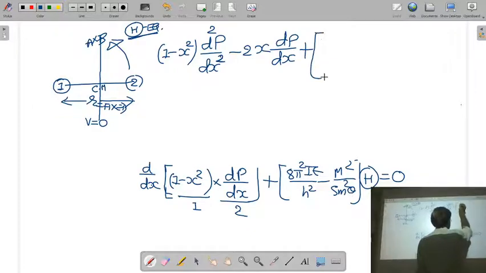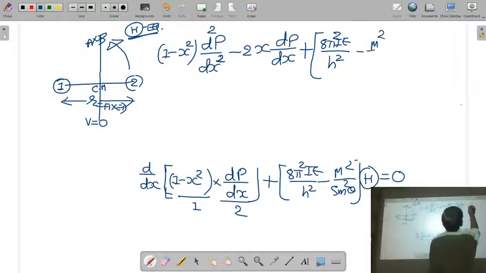The last term goes as it is: 8 pi square I upon s square minus m square upon sin square theta, capital theta is equal to 0.